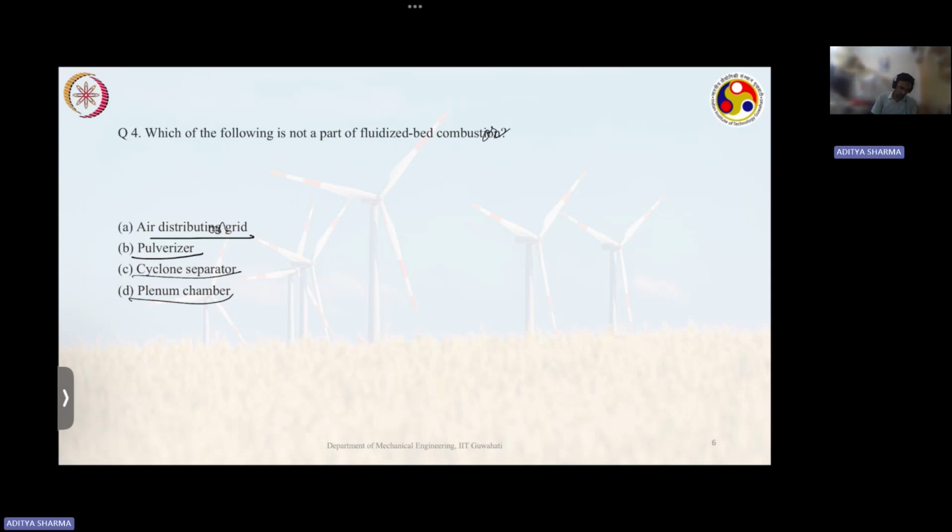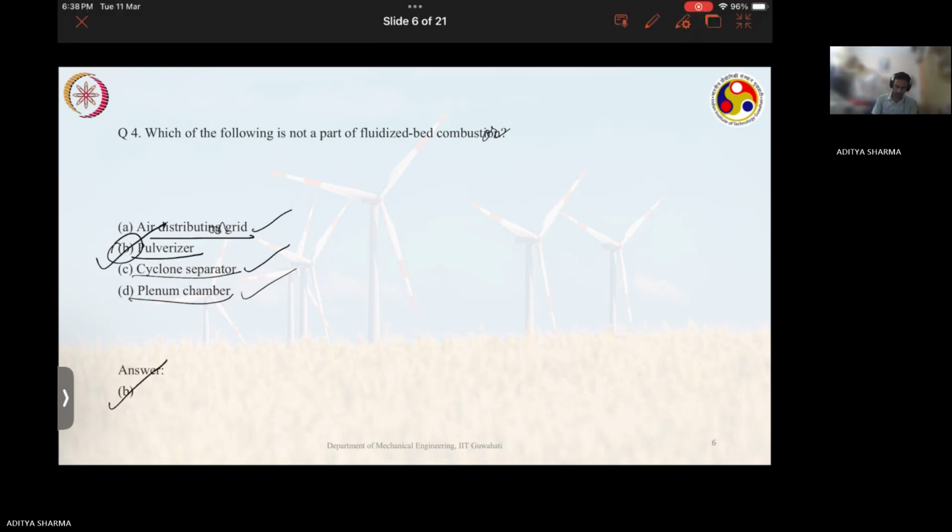Air distribution grid is part of your fluidized bed combustor. Cyclone separator is also part. Plenum chamber is also part. But a pulverizer, we don't use in your fluidized bed combustor. So this is the answer to this question, B option, right?